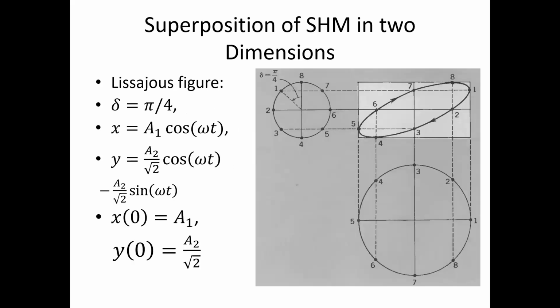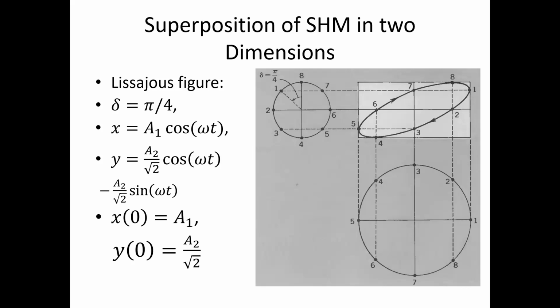We get a Lissajous figure because x equals a1 cos of omega t and y equals a2 over root 2 cos of omega t minus a2 over root 2 sine of omega t. So at t equal to 0, we have x0 equal to a1 because cos of 0 is 1, and y of 0 equal to a2 by root 2.